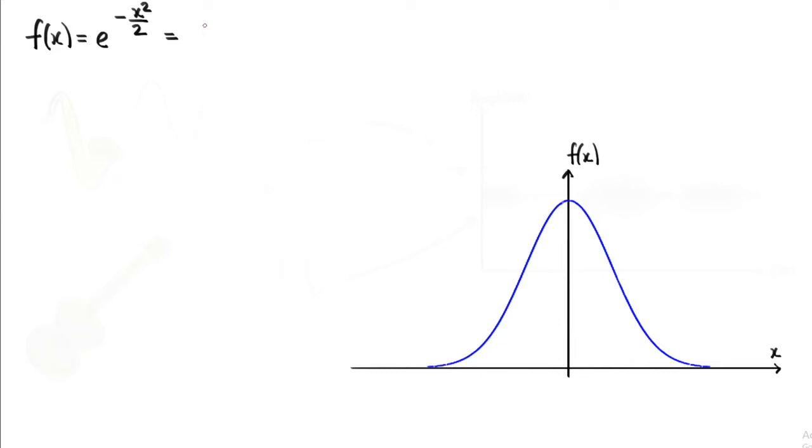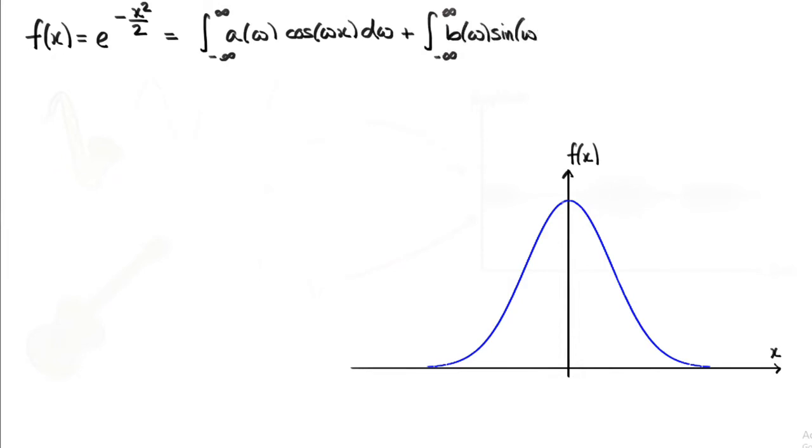So that means we want to write our Gaussian function as an integral over the entire range of frequencies, from minus infinity to infinity, of the cosine function multiplied by an amplitude a that depends on the frequency, plus an integral over the entire range of frequencies of a sine wave multiplied by an amplitude b that again depends on the frequency. So a and b are functions that determine how much of a certain frequency contributes to producing a signal that looks like a Gaussian function.